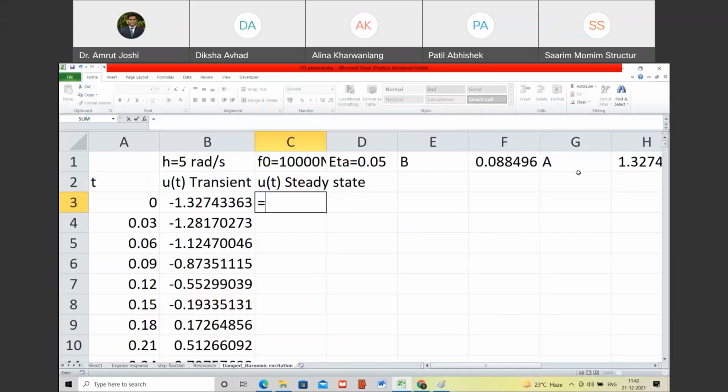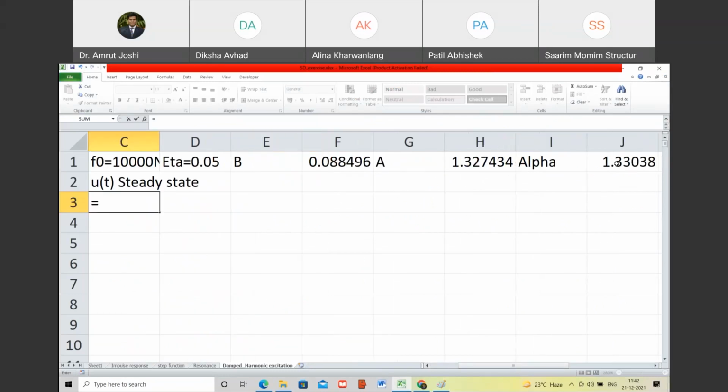So what is the value of alpha? Alpha, and I need to put a dollar here. Alpha into sine of lambda t plus phi.